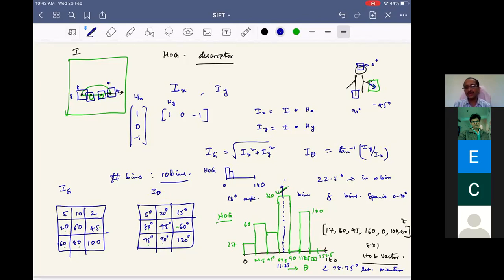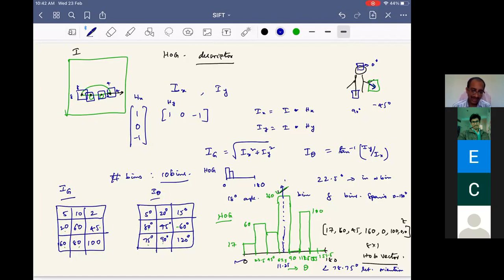What does it correspond to? It corresponds to the gradient. That's why both the magnitude and the angle are important. If you see this 3x3 patch, we have 3 pixels with orientations of 5 degrees, 20 degrees, and 15 degrees falling into this bin. But this is not a dominant orientation because they are all weak edges.